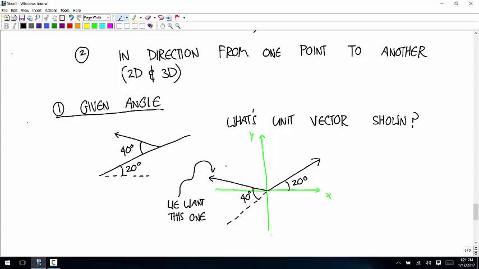So start at the positive x-axis, counterclockwise 20, right? So now we're at plus 20. Add another 180 to get there. So now we're at plus 200. Now subtract 40, because I'm going clockwise from here. So we have 200 minus 40, and the angle from the positive x to this is positive 160.